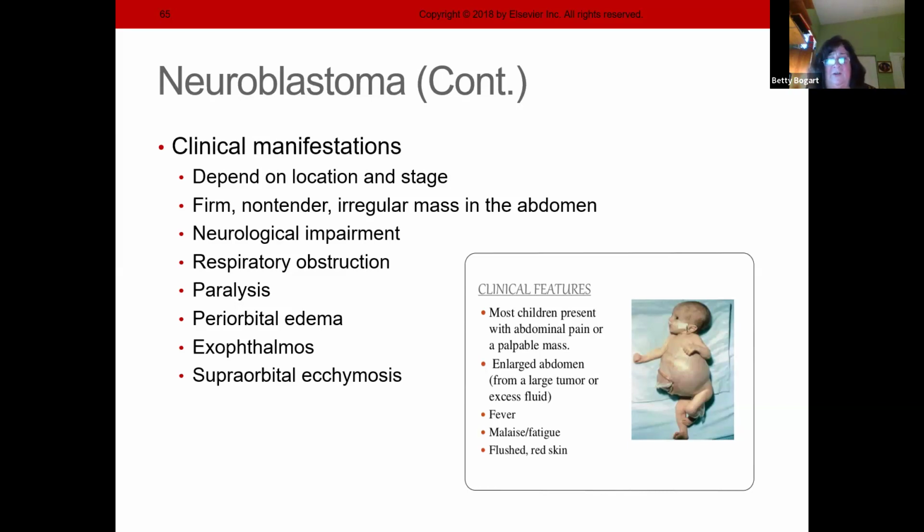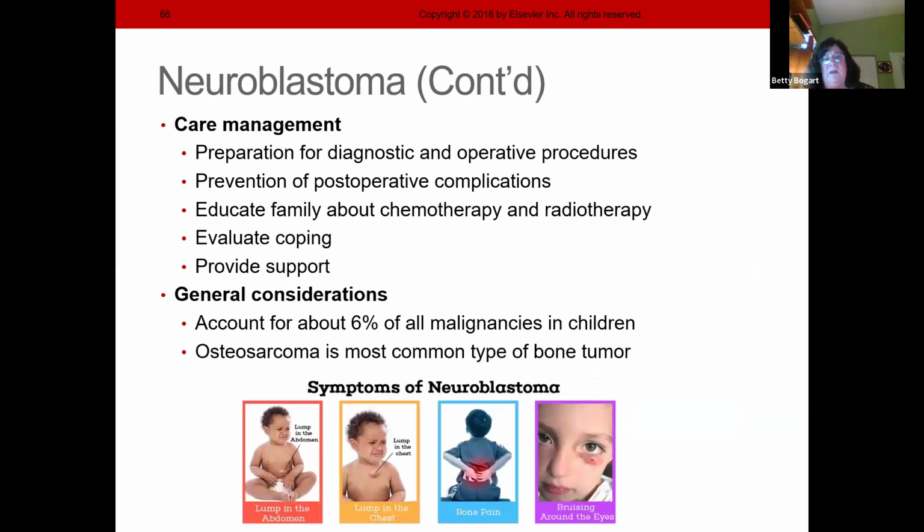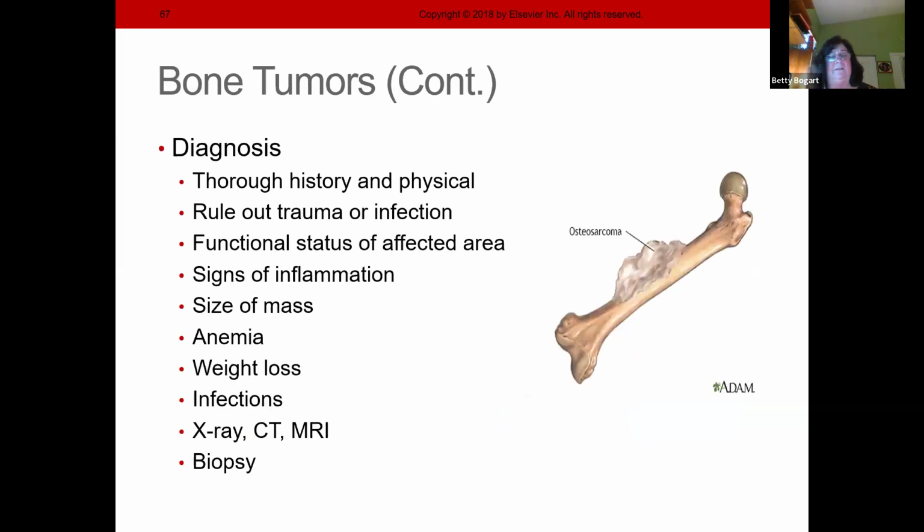So these children don't do very well. We do, of course, all of the things, radiation, we do chemo. A lot of these kids, because it's already from the abdomen to the head, have outcomes that are not the best that we would like to see.